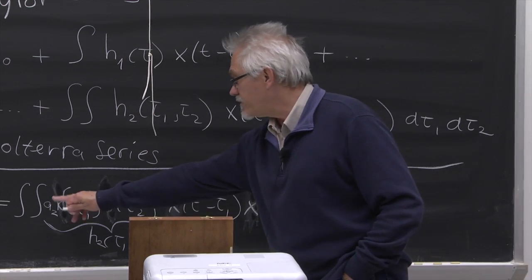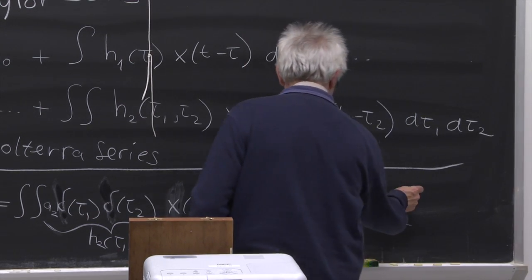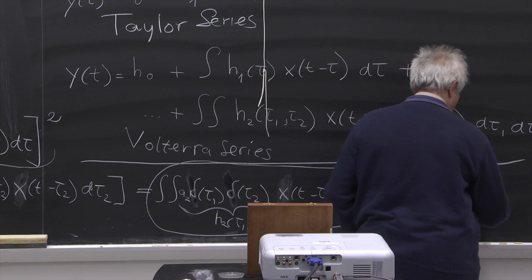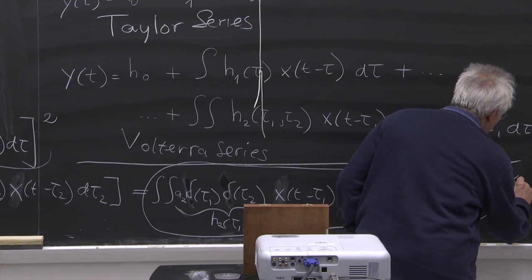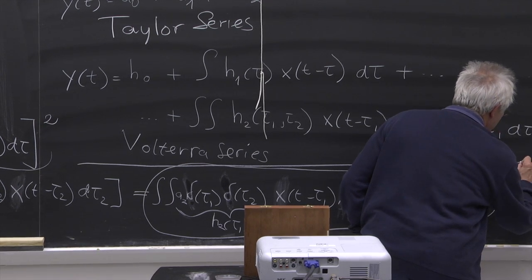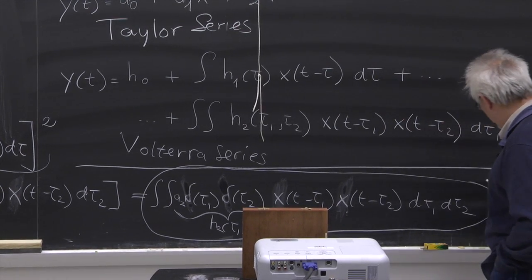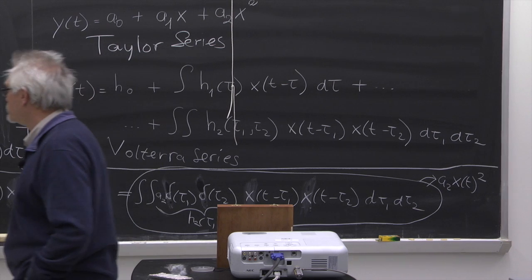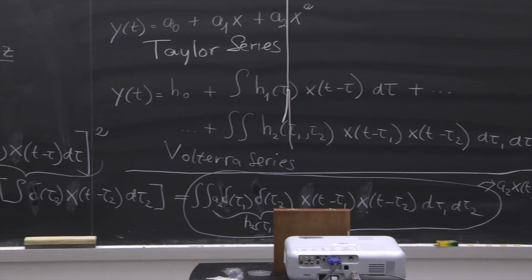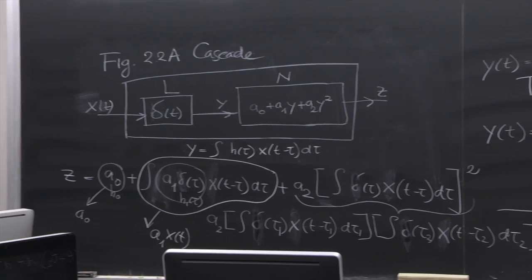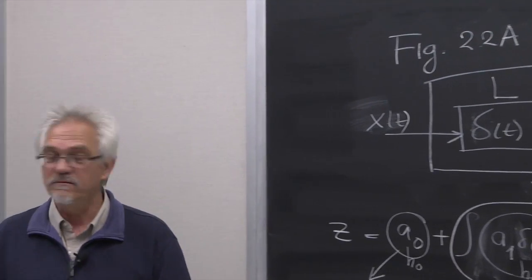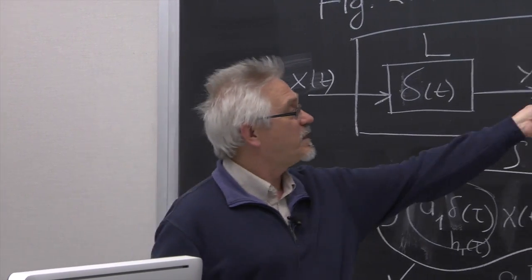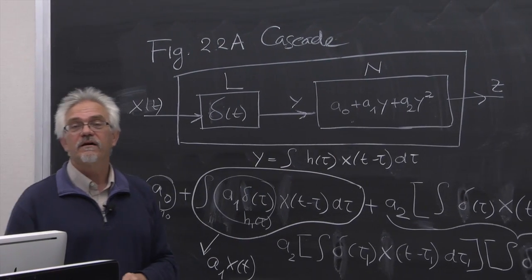So if I apply the shifting property twice for this term, I get A2 x(t) squared. So lo and behold, if I make the system static again, I get my Taylor series back. See? A naught, A1 x(t), A2 x(t) squared. That was my Taylor series that I initially used for my nonlinearity.